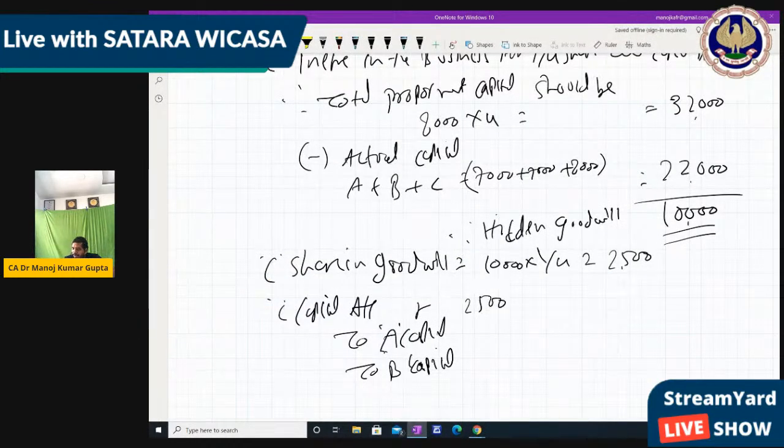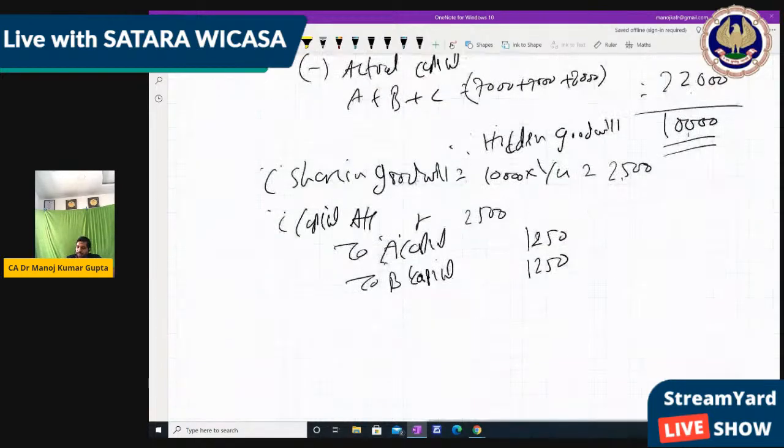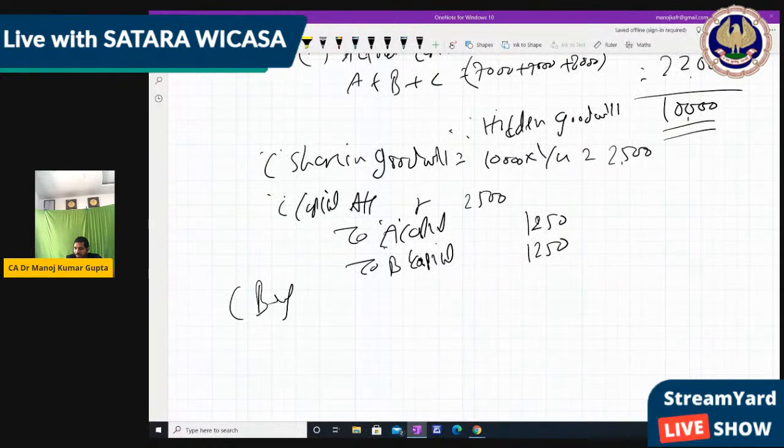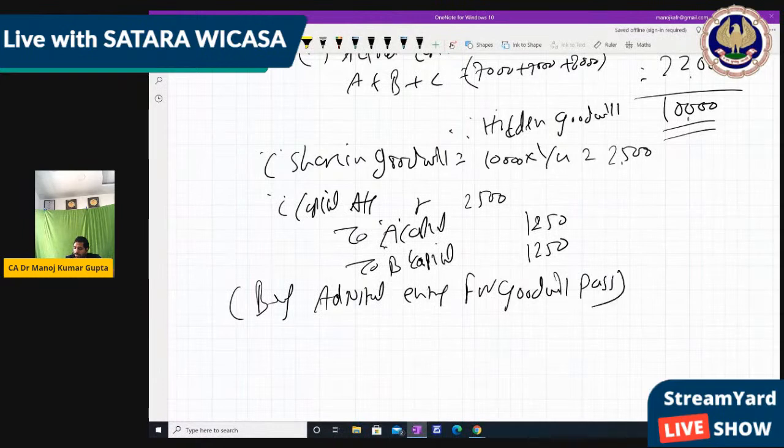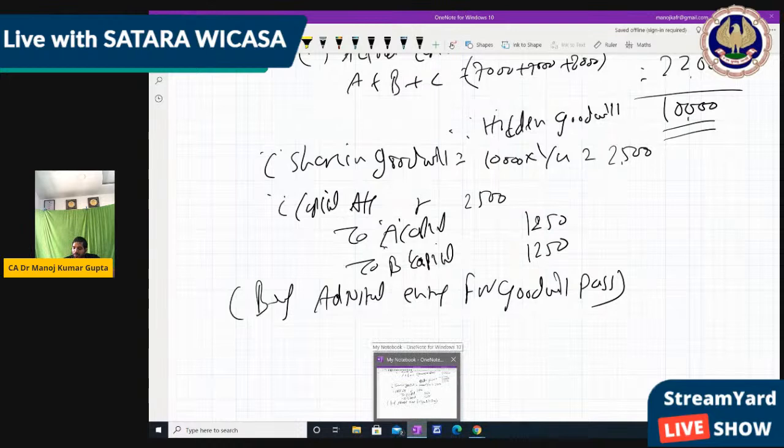So 2,500 we can divide 1:1, that is 1,250. We write: being adjusted entry for goodwill. C capital account debit 2,500, A capital and B capital credit by 1,250 each.